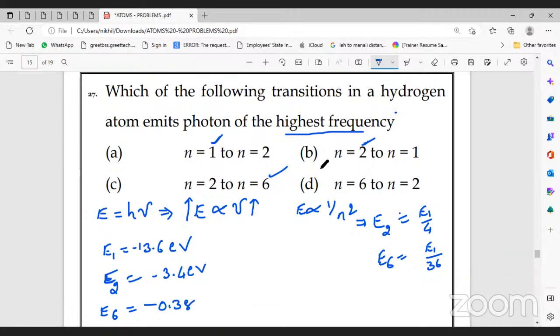Now, in order to go with the emission, it is emitting, right? Emitting means the electron has to jump from higher orbit to the lower orbit. Higher orbit to lower orbit means it has to come from 6 to 2. 1 to 2, 2 to 6 are not possible, because from 1 to 2 or 2 to 6, the energy has to be absorbed if the electron is moving from lower orbit to higher orbit.